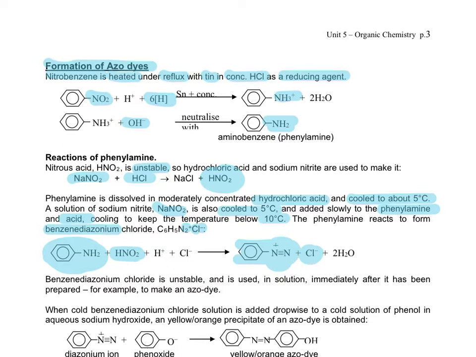That benzene diazonium chloride is unstable, so actually you need to create straight away the next step in this reaction. And you take the cold solution of this and add it drop by drop to a cold solution of phenol in sodium hydroxide. And that should give you a yellow or orange precipitate of the actual azo dye that you're trying to create.